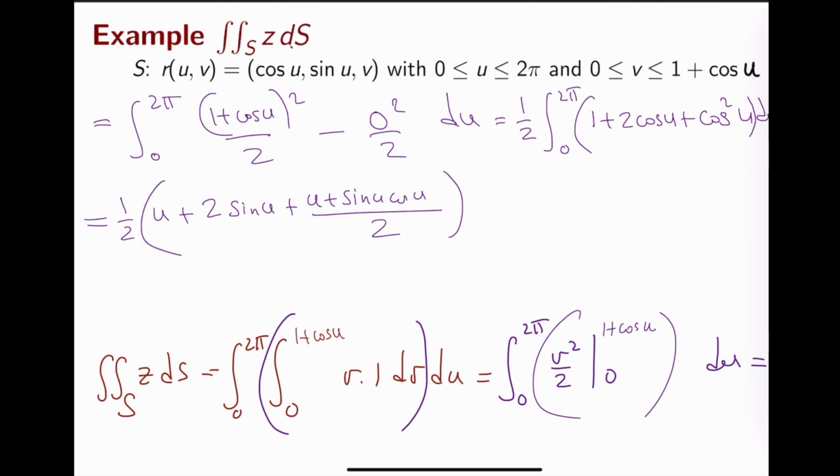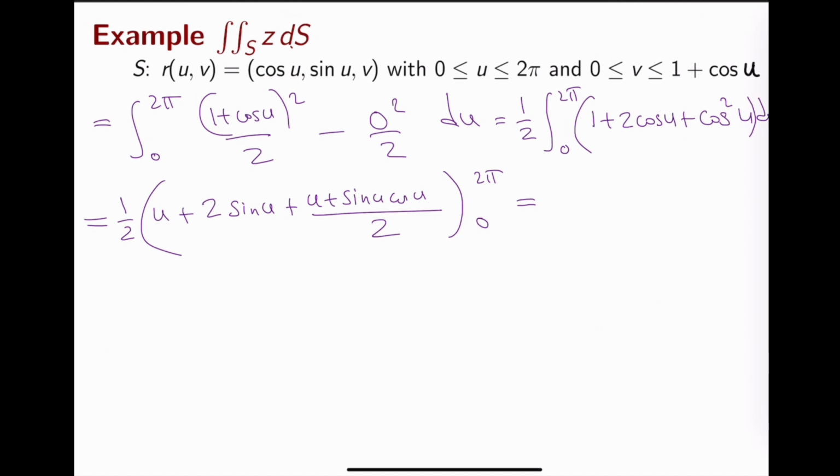And now we evaluate between 0 and 2 pi. So we evaluate first at 2 pi, and it will be 1/2 times: 2 pi plus 2 times sine of 2 pi, which is 0, plus 2 pi plus sine of 2 pi, which is 0, over 2.